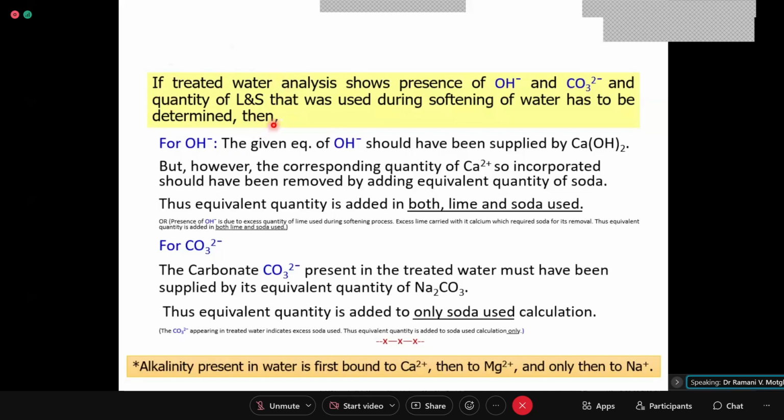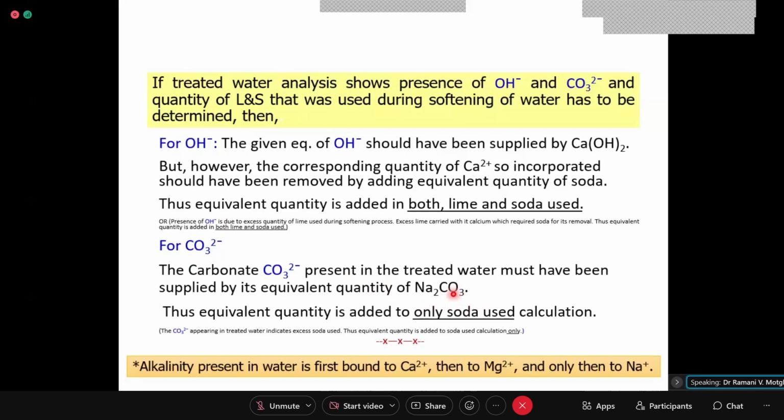Okay. Then for hydroxide, if it is there in the treated water, now some numericals with treated water analysis will be there. So in treated water, if hydroxide is seen, it is coming from lime added in excess. So this lime added in excess will be requiring soda for its removal, because when you add lime, calcium is also added. So the quantity of hydroxide is added in both LR as well as SR. Whereas if the analysis shows that treated water contains carbonate, that means it is coming from excess quantity of sodium carbonate that was added.